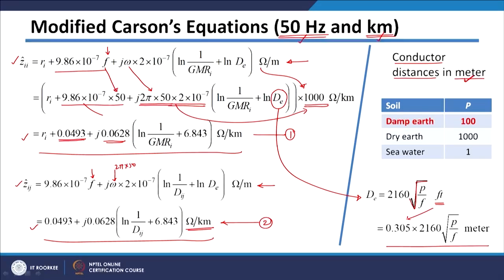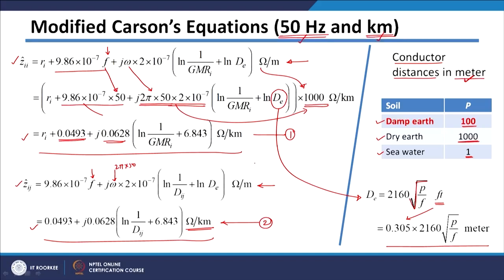And regarding the resistivity of earth, depending upon the type of earth, the resistivity will change. For damp earth resistivity is 100, for dry earth it is around 1000, and for sea water it is around 1. So, depending upon the area where your distribution system is existing, you can choose the resistivity of earth and put it here.